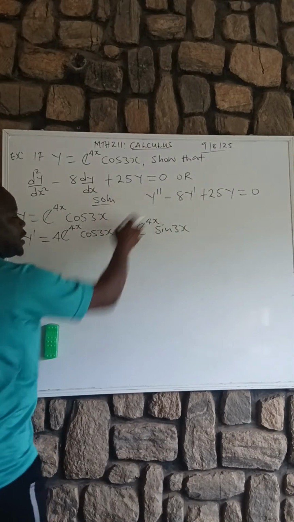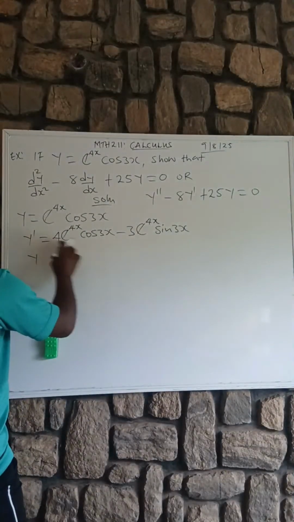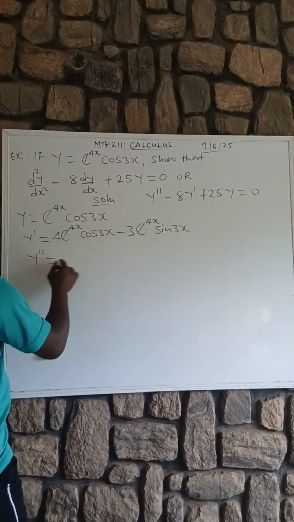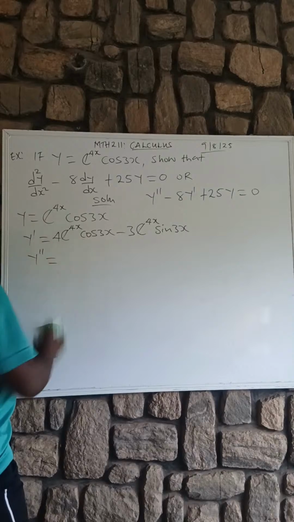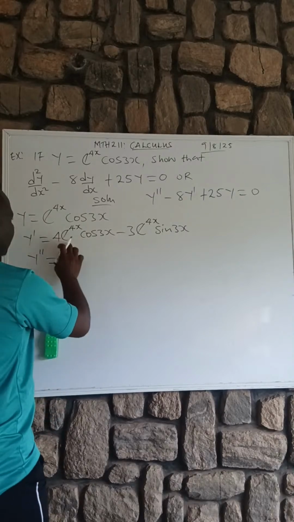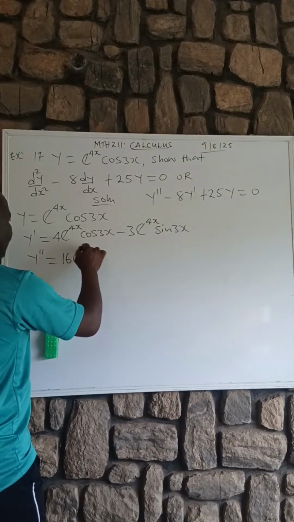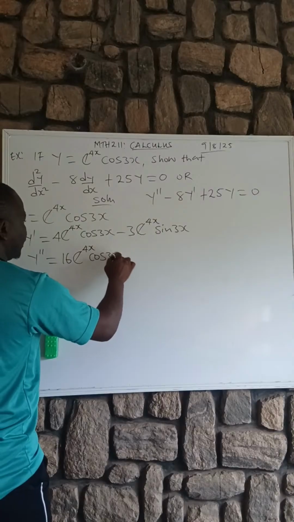Since it is a second order differential equation, we still have to differentiate this function. So y prime prime will now be, here we'll still use the product rule. Here will give us 16 exponential 4x cos 3x.